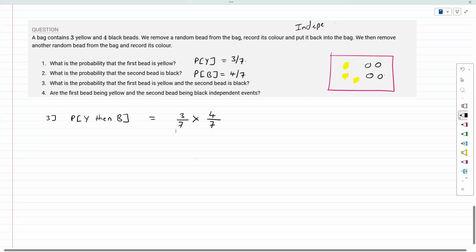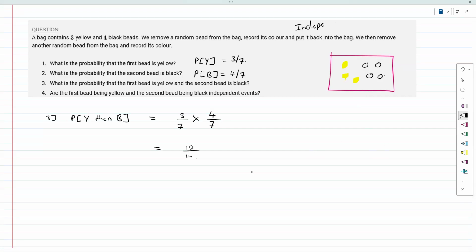So I'm going to take out a yellow bead, put it back, and then try to take out a black bead, and then put it back. So it's 3 out of 7 times 4 out of 7, and we end up with 12 out of 49.